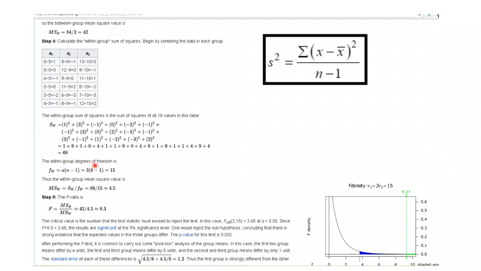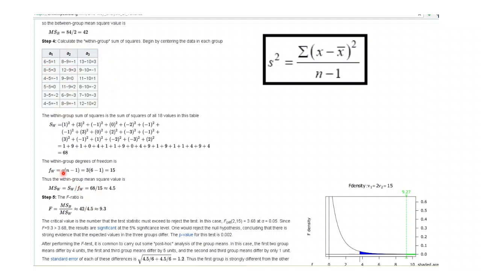Now, the within group degree of freedom is, as we know, for calculating degrees of freedom, n minus 1, but over here n is actually the total sample size, which in this case is 18, but there are 3 groups.